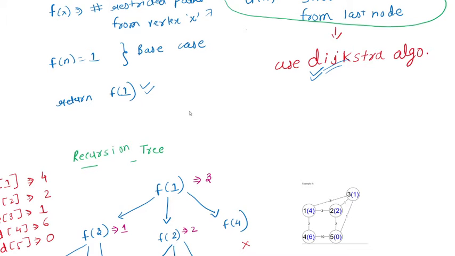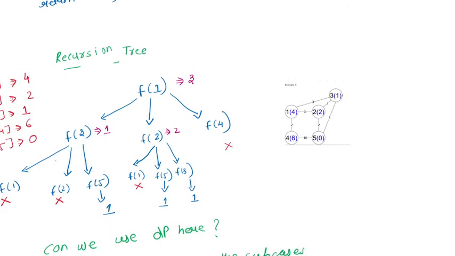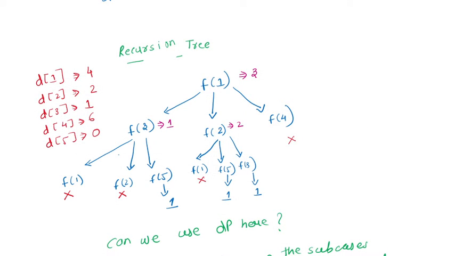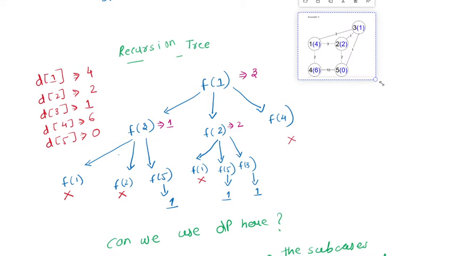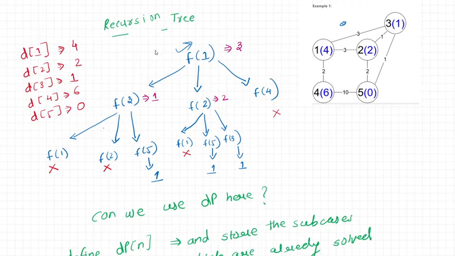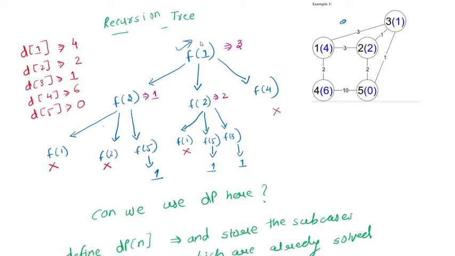Let's have a look at the recursion tree. This is our example, and these are the d's, the distances from the last node. D of 1 is 4, d of 2 is 2, d of 3 is 1, and so on. I have taken the values from this snippet. We need to return f of 1, so let us find out how we can calculate it. What vertices are adjacent to 1?